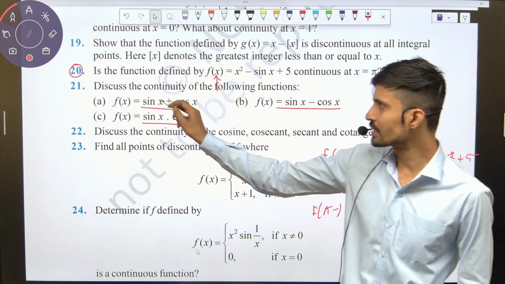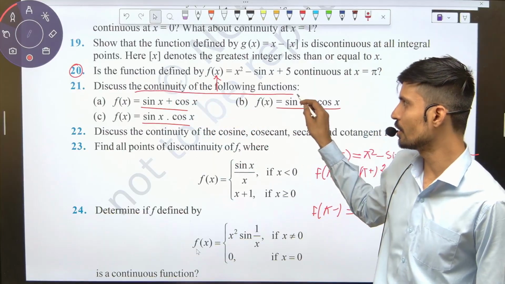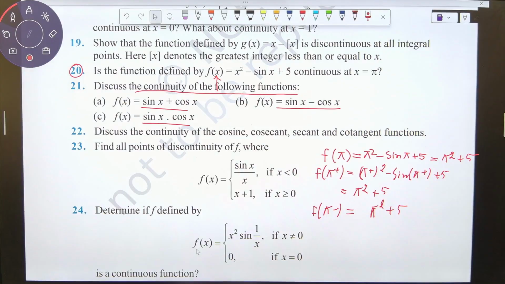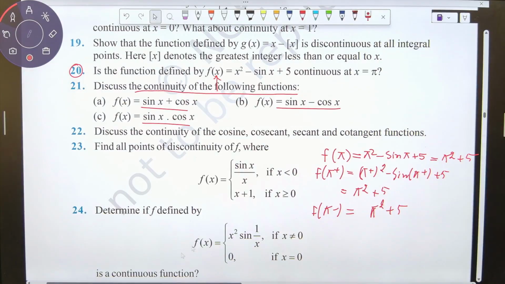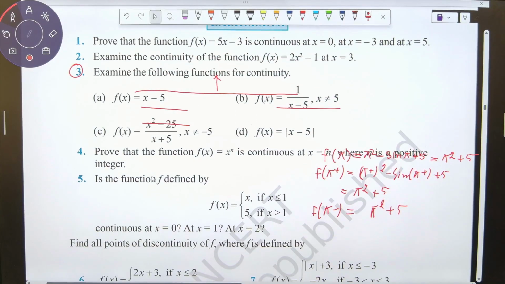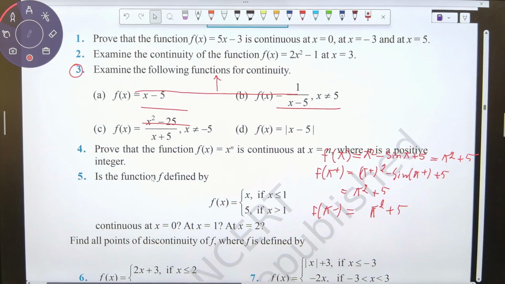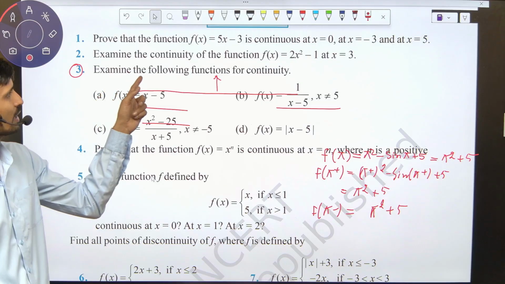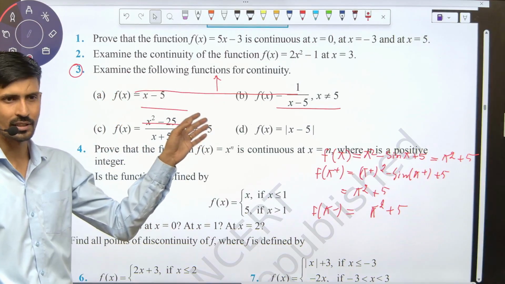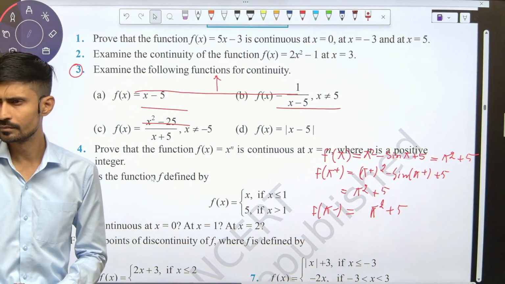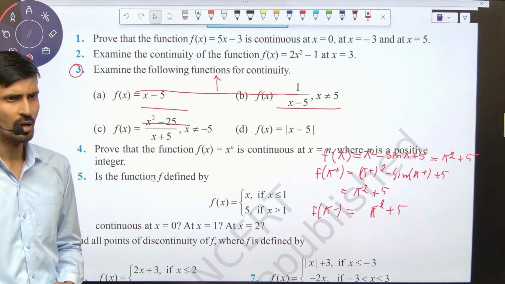We have to discuss the continuity of this function. See, the same line is in first question, and yesterday we did first question. Here, not first question, third question. Examine the continuity of the function. Discuss the continuity of the function. Both same. Okay, na?